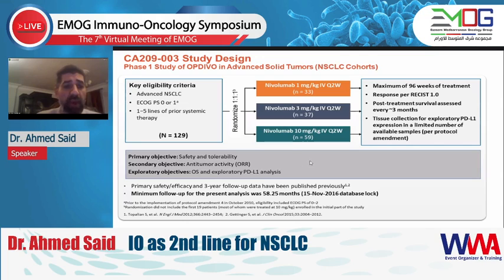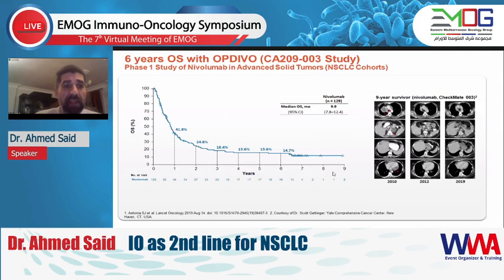The primary endpoints were safety and tolerability, with anti-tumor activity as the secondary objective, and exploratory objectives of overall survival and PD-L1 analysis. We can see here the 6-year overall survival with nivolumab in this trial, with a median overall survival of 9.9 months, and the CT scans of a 9-year survivor of nivolumab on the CheckMate 003 trial.